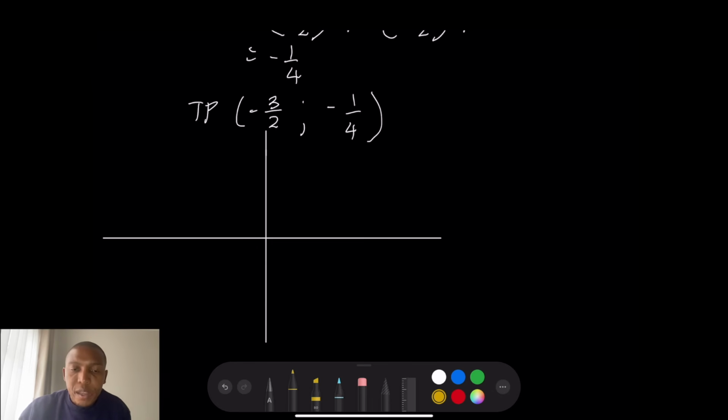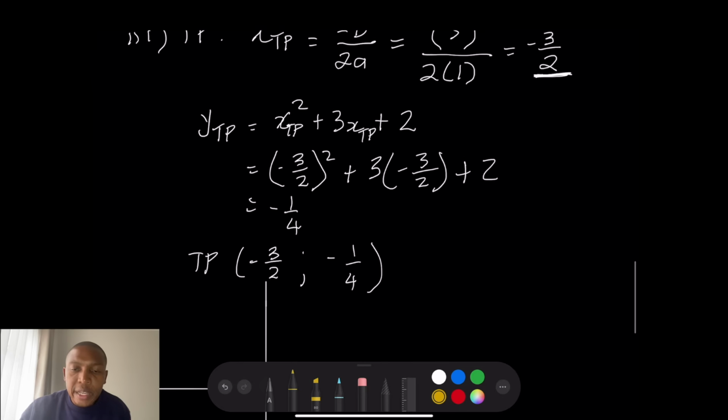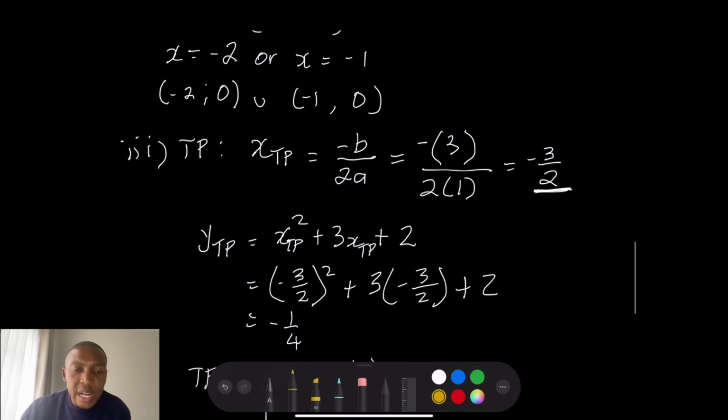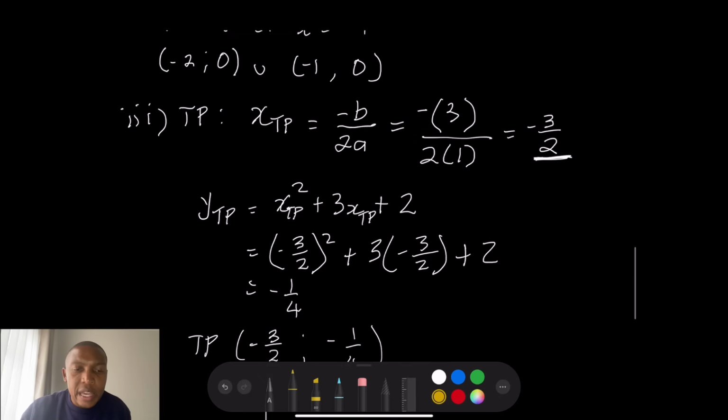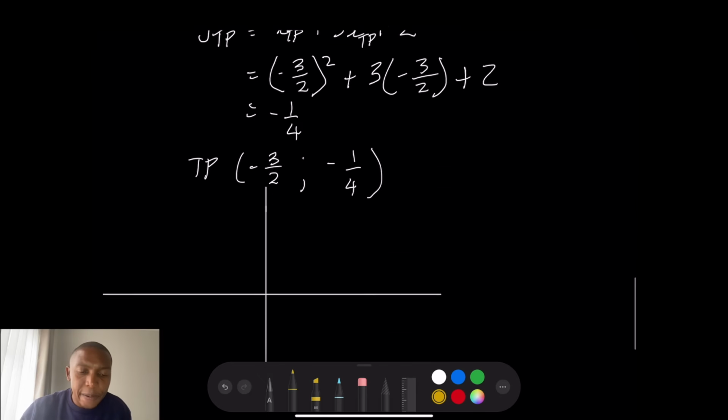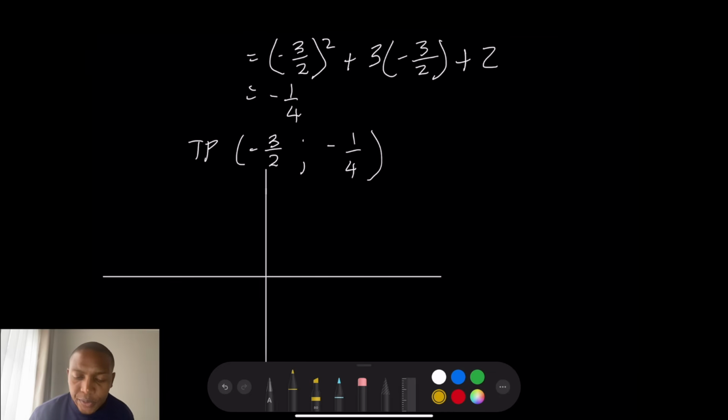So we knew the graph is going to cut the x-axis at -2 and -1. Let's put -1 there.